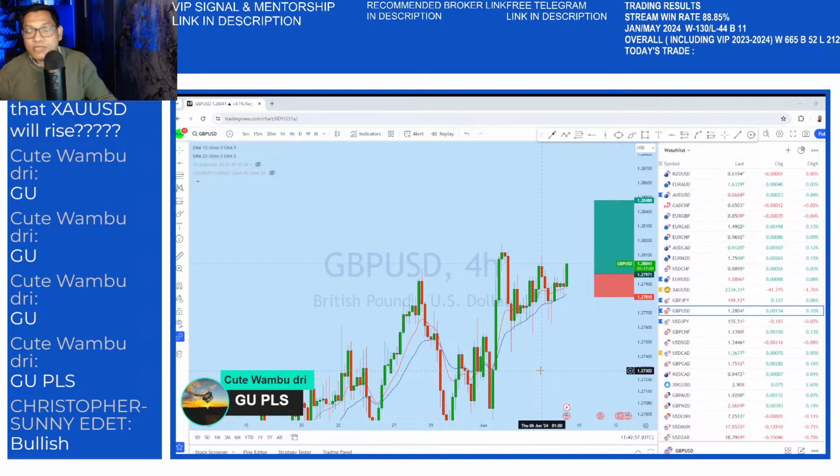Now, why am I asking about the market structure? It is because when I open a trade or take a position, 70% of my bias comes from the market structure, because market structure is the backbone of the market.